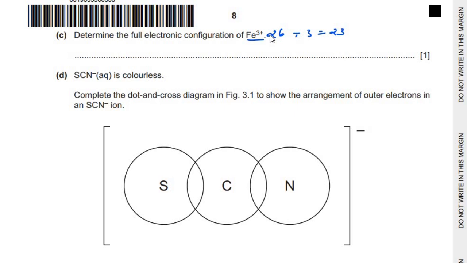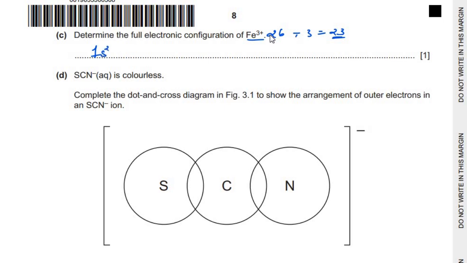We need to understand that the electrons are removed from 4s first and then from 3d, because Fe is a d block element. If 2 electrons are removed from 4s and the remaining 1 electron from 3d, then the 23 is remaining in the 3d orbital.